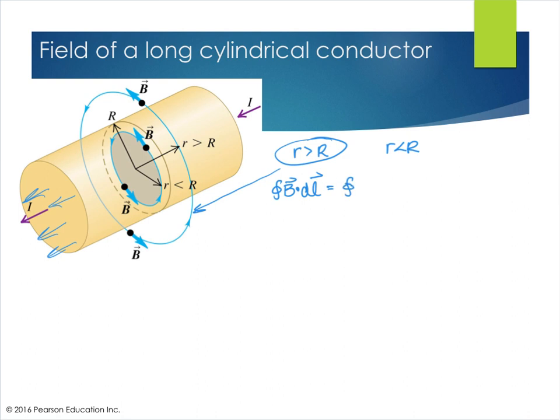Because it's parallel, the dot product just changes to the product of the two quantities, and because the magnetic field is constant on that path, we can take it outside of the integral. And then this is just the circumference of the circle, which is just 2 pi r.